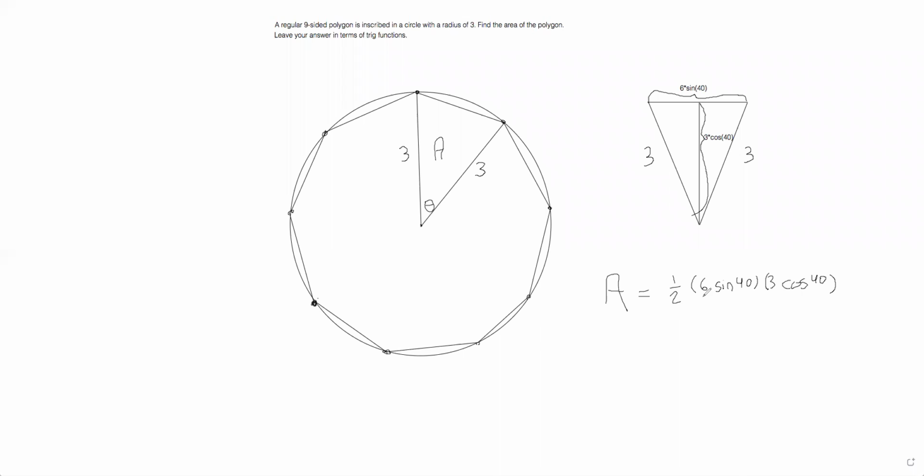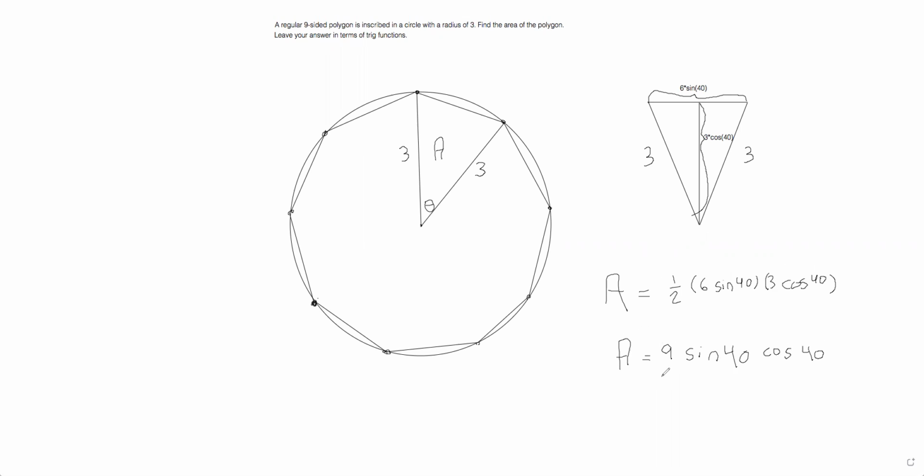So let's simplify a little bit. So 1/2 times 6 is 3. And then 3 times 3 is 9. So ultimately, our coefficient should just be 9. So that means our area is going to be, that's not an A, not even close. So our area is going to be 9 sine of 40 times cosine of 40.